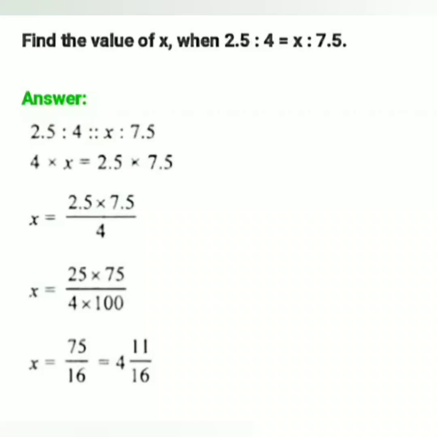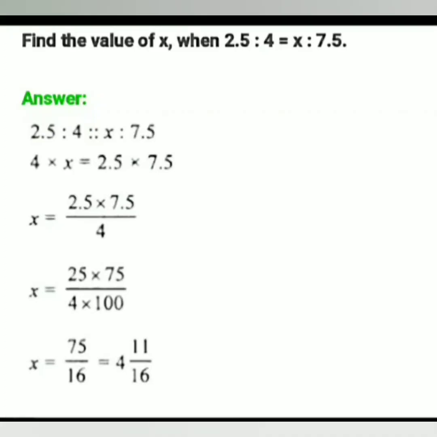Here we will be finding out the product of extremes, which is equal to the product of means. 4 into x is equal to 2.5 into 7.5. This we have applied as per a rule. Product of means is equal to product of extremes. So x is equal to 2.5 into 7.5 and 4 into x is there.